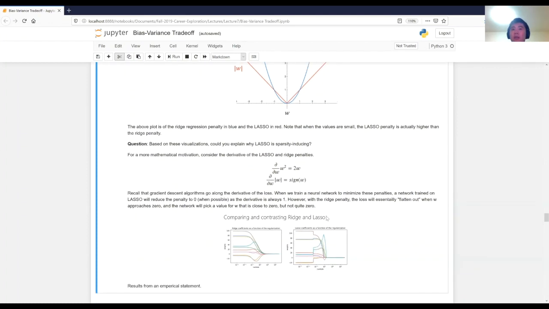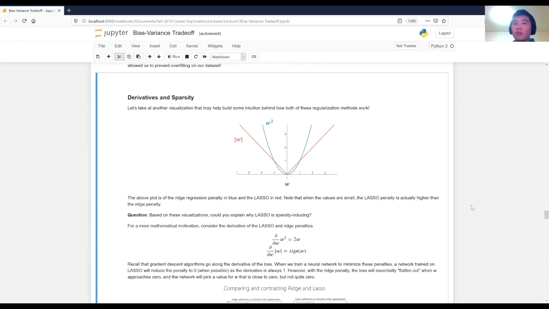To further build off of that, consider the derivatives of these functions. The derivative of w squared is 2w, and the derivative of the absolute value of w is the sign of w, so it's either 1 or -1. If w is really small, like 1 over a million, the derivative of w squared is going to be 2 over 1 million, which is basically 0.